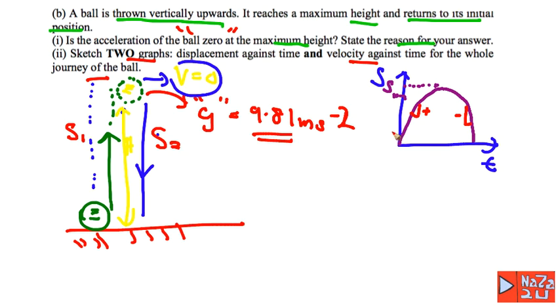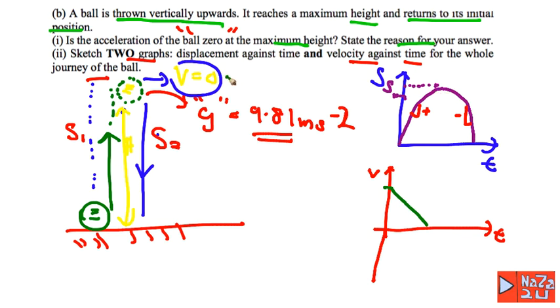Okay, so the next question asks you to plot the graph of velocity against time t, right? Because we have a value of v positive and negative, in the first part the velocity decreases, so we have a maximum velocity, and after that the velocity decreases and is equal to 0 here.